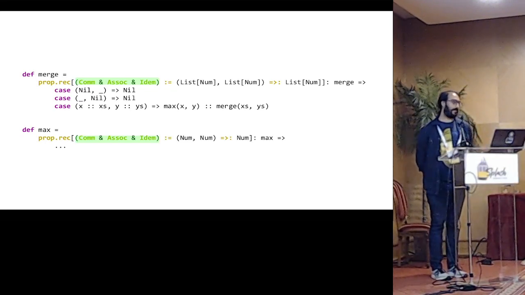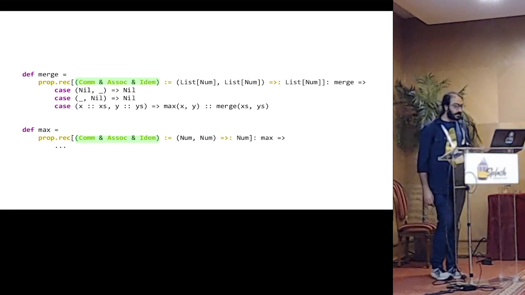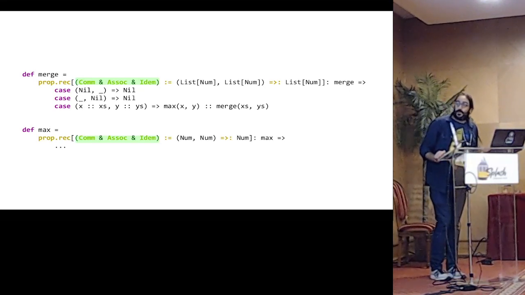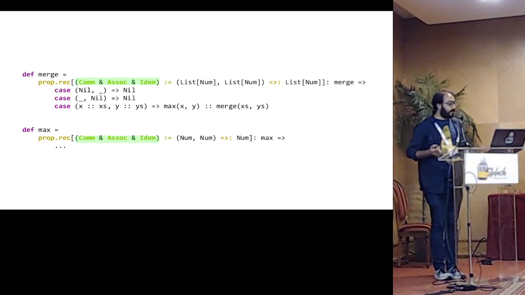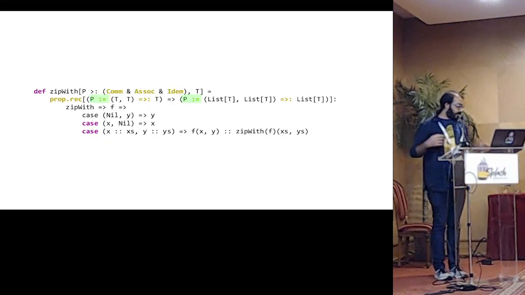So essentially, the verification becomes part of the type checking, because if you want the type checker to accept this program, it also has to prove these algebraic properties. But the very cool thing about this program is that merge has this kind of traversal pattern, which in the Haskell world is called zipWith.